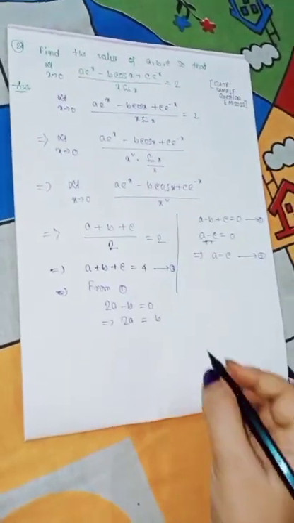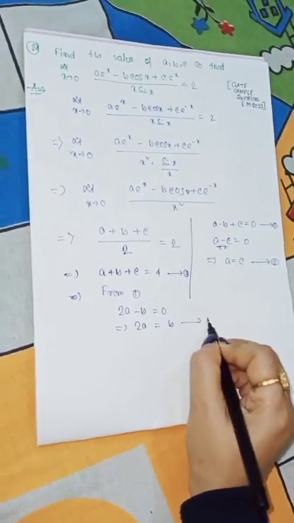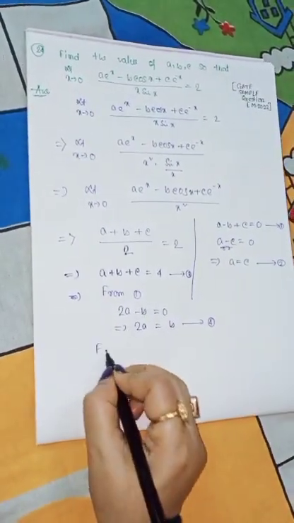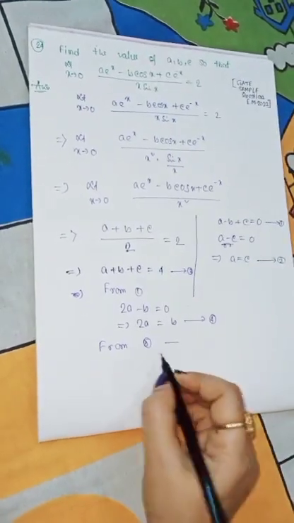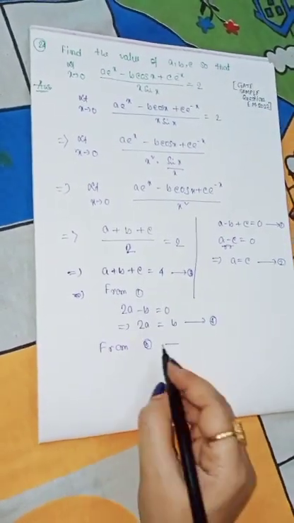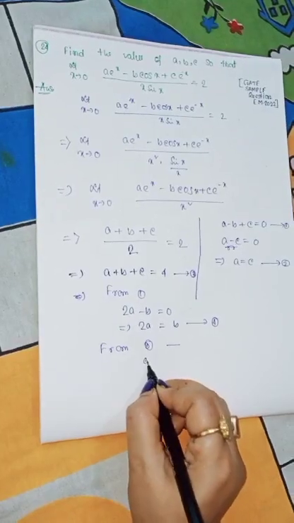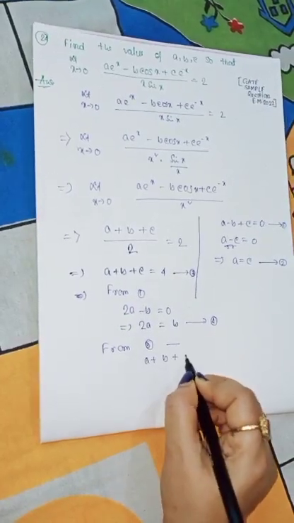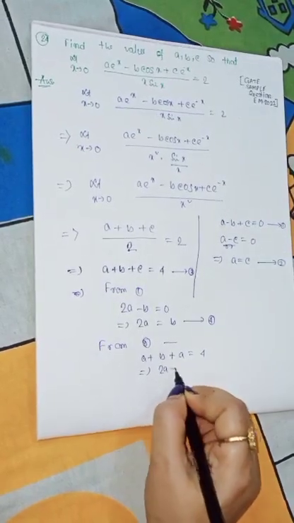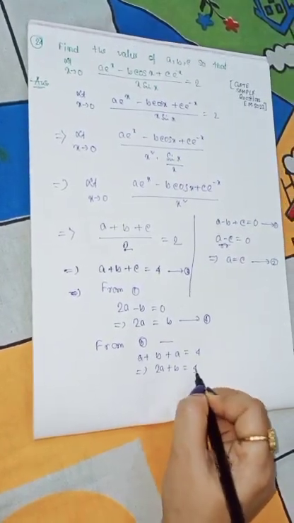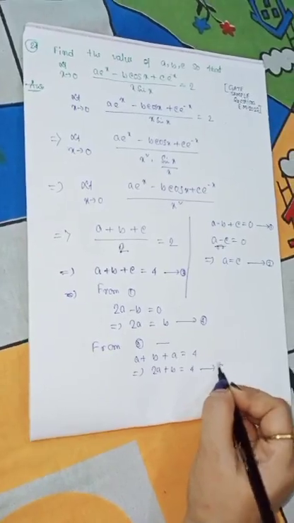So this is equation 4. From 3, putting all the values, it is a plus b plus a is equal to 4, which implies 2a plus b is equal to 4. So it is equation 5.